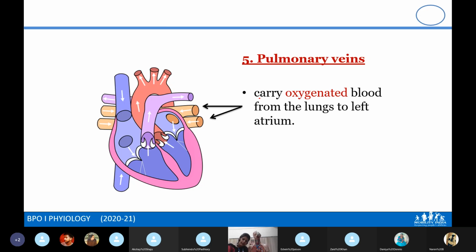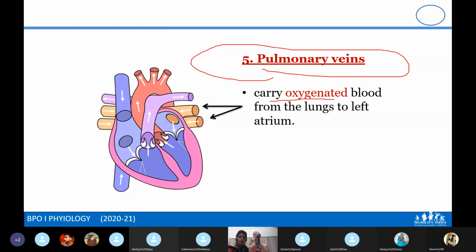From the lungs, that blood goes back to the heart, not from the same artery, but from another vein, that is the pulmonary vein. It carries oxygenated blood from the lung to the left atrium. So you can see here, from here it goes here. From the lungs to the left atrium.